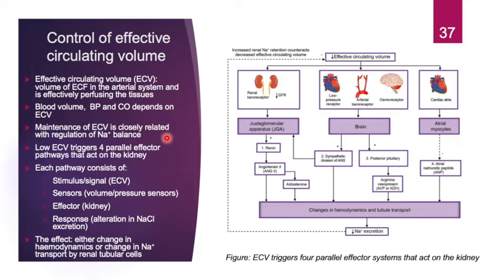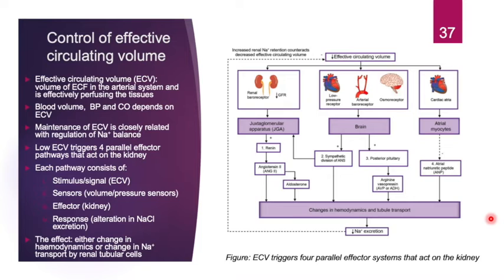A low ECV will trigger 4 parallel effector pathways that act on the kidney. Each system consists of a stimulus or signal, which is the ECV, sensors, which are volume or pressure sensors, effector, which is the kidney, and response, which is the alterations in sodium chloride excretion.